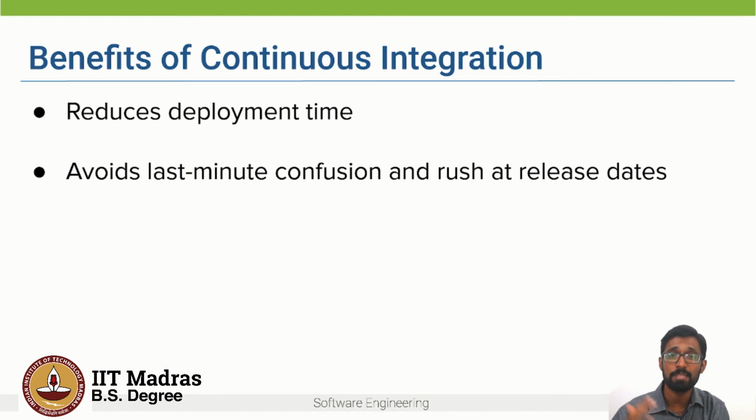There will be several conflicts, because the developers are writing their code and it's very likely that they will have conflicts because they have not committed frequently. Hence, when you follow the process of continuous integration, developers are encouraged and even mandated to commit to the main branch every day, and this helps in reducing conflicts as well.